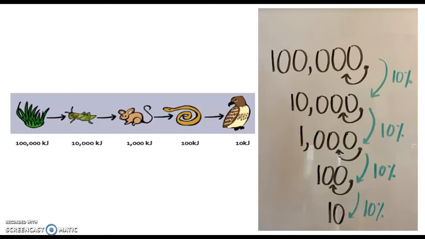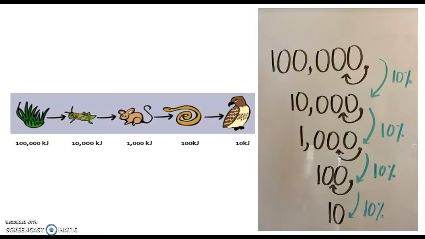Each of these numbers represents how much energy each of these organisms will have. And as you move from one level to the next, you're going to notice that they have 10% of the energy from the previous level. Now, if you see the picture to your right, you're going to notice that I worked it out for you.